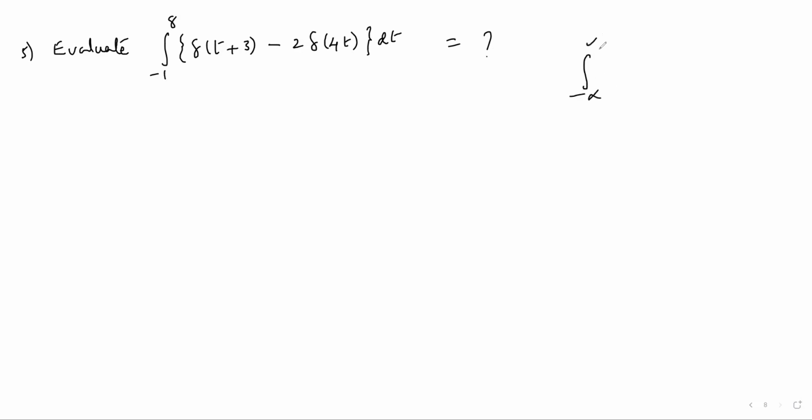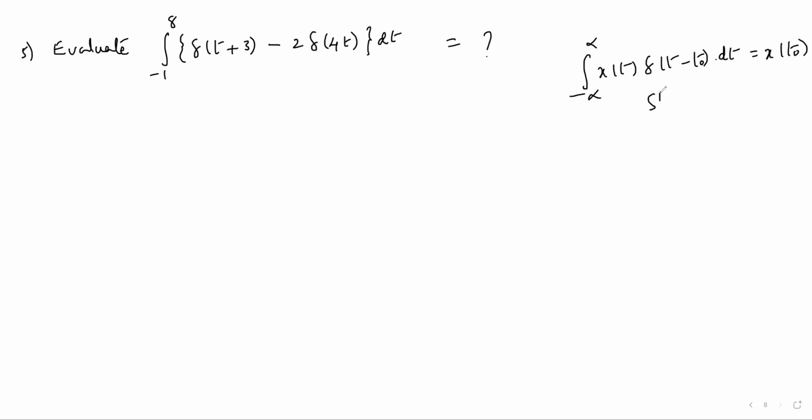I'll rewrite the statement here. Minus infinity to plus infinity x of t del of t minus t naught dt. If it is, the answer is x of t naught.